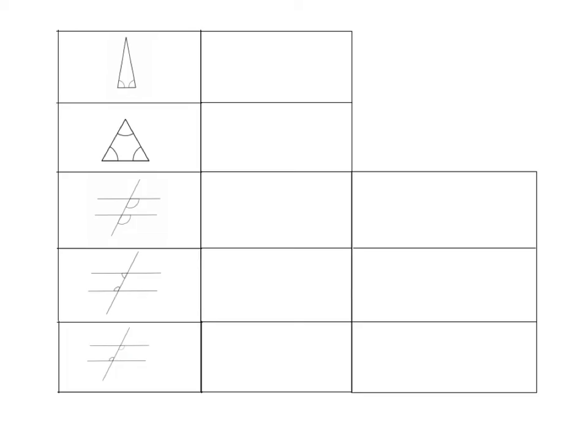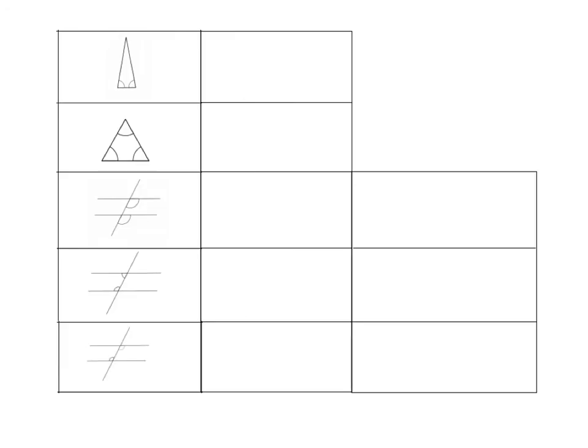In these first two up at the top here, we see two triangles. In this first one up here, we see that they're marking the two bottom angles, and these markings are trying to tell us that those angles are equal. Well, if I have a triangle and I have two angles that are equal, that's called an isosceles triangle. It's definitely going to help us solve for angles and help us in problems.